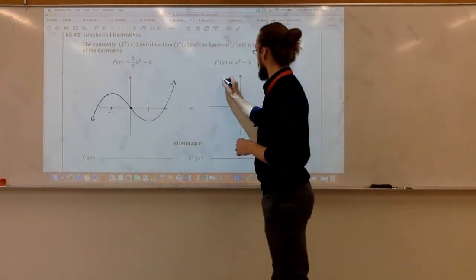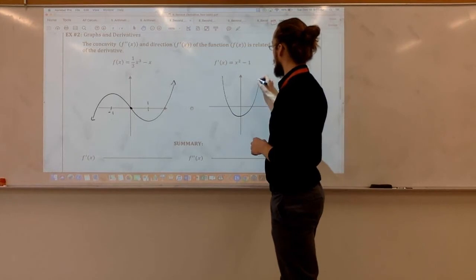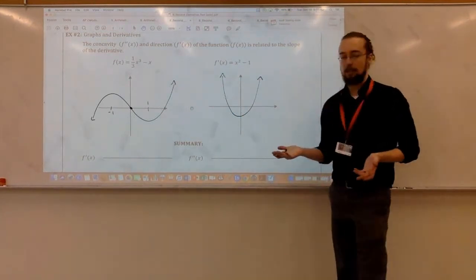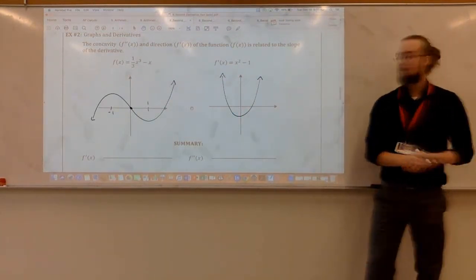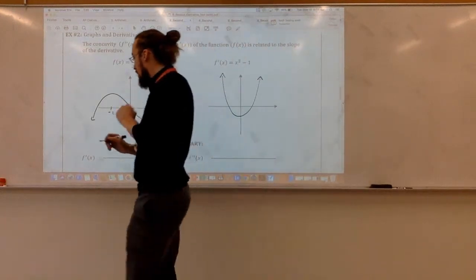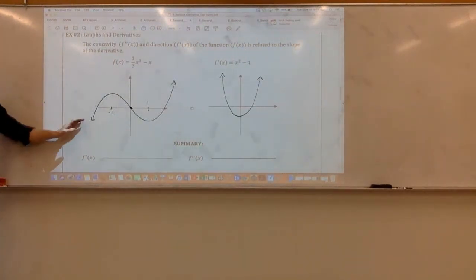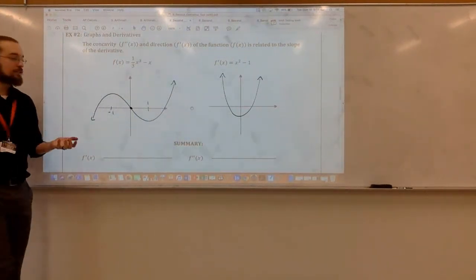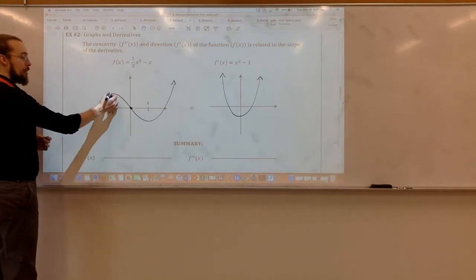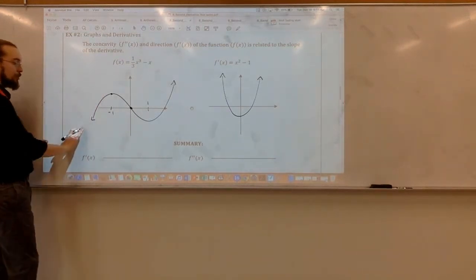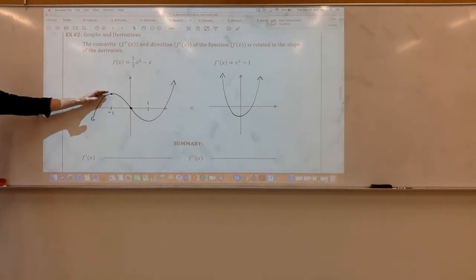The derivative, the function x squared minus 1, would look something like this. If we examine the relationships here, we said that my original function was increasing from negative infinity to negative 1.